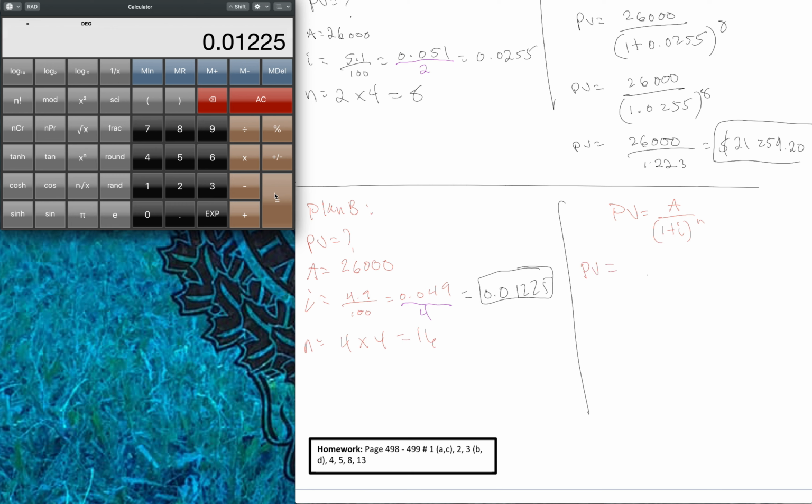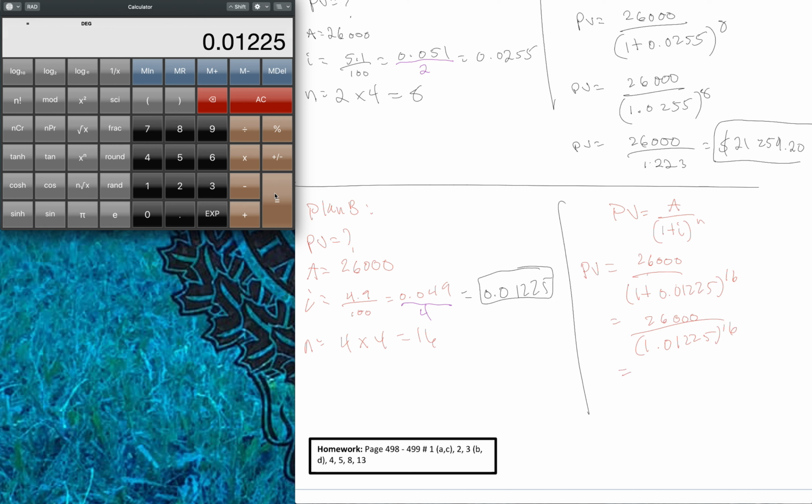So PV is going to be the 26,000 divided by 1 plus 0.01225, to the power of 16. So it's 26,000 divided by 1.01225 to the power of 16.